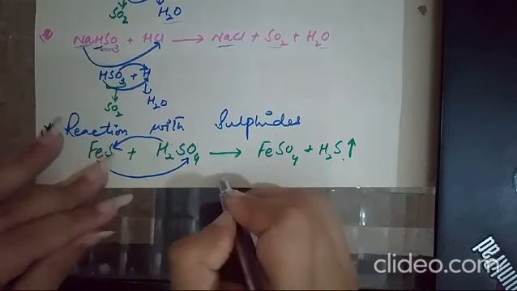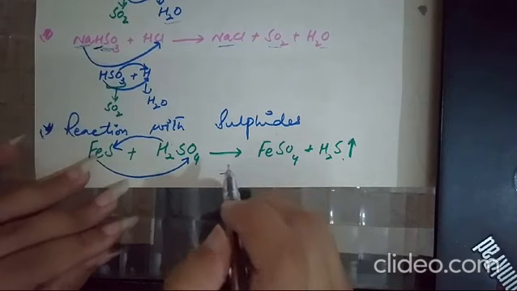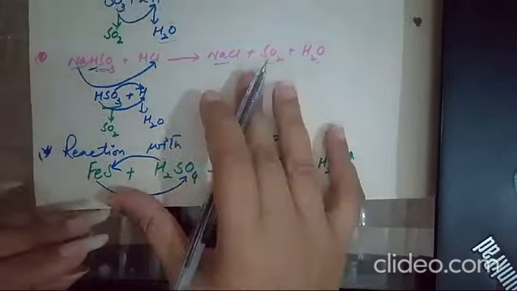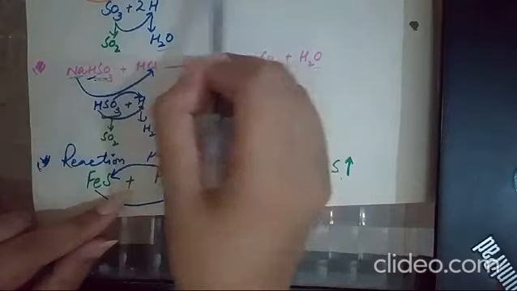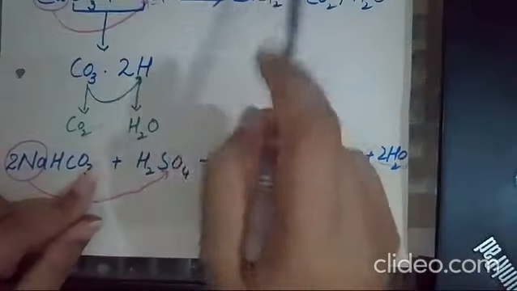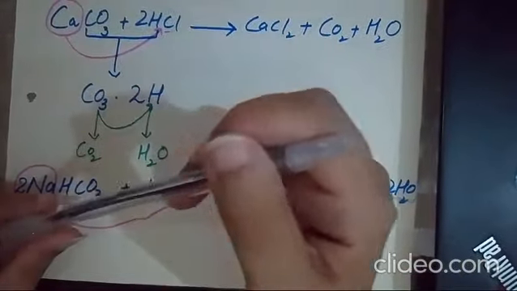So these are the properties of acids. In total we have 5 properties, in which we discussed how acids react with sulfides and bisulfides, the neutralization reaction, carbonates and bicarbonates, and the reaction with metals.